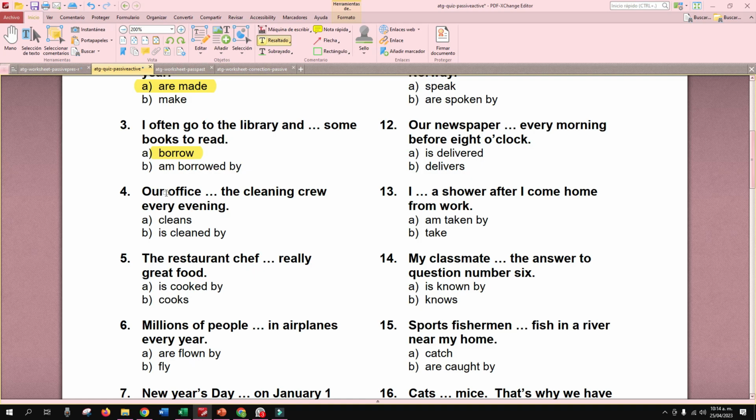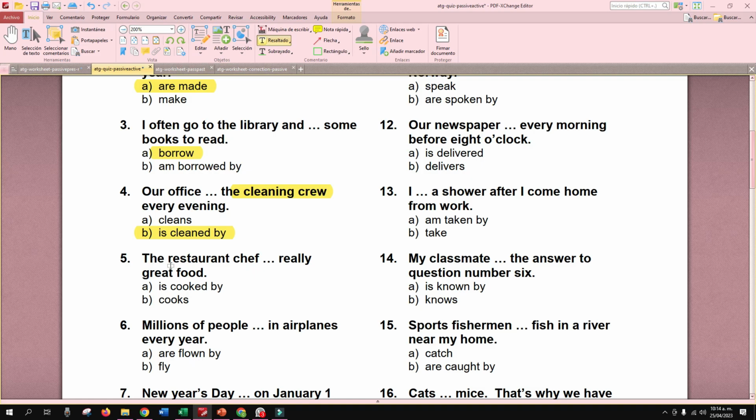Our office, the cleaning crew every evening cleans or is cleaned by a person. Which one do you think it could be the answer? A or B? Letter B, excellent. Is cleaned in that case by the cleaning crew, right? So that would be letter B. That's a passive voice.